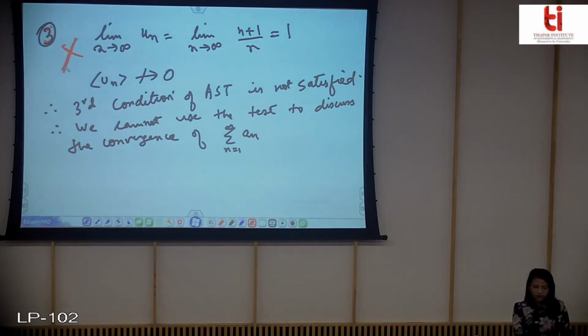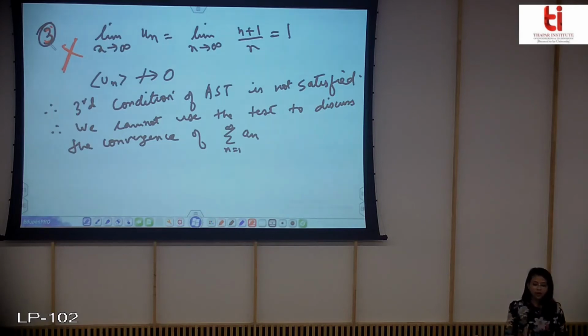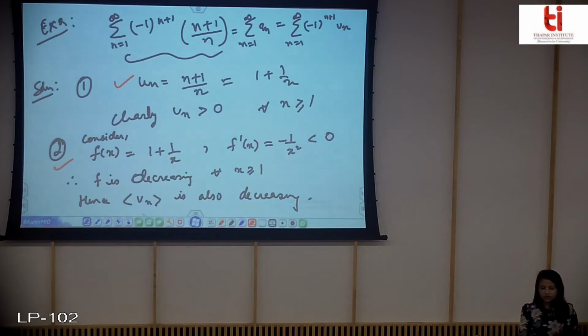You have already seen the Nth term test, and this is the importance of the third condition: if the third condition doesn't hold true, then you can directly say that the alternating series is divergent. It happens only if the third condition does not hold. But if the first and second conditions don't hold, then you cannot apply this Leibniz test.